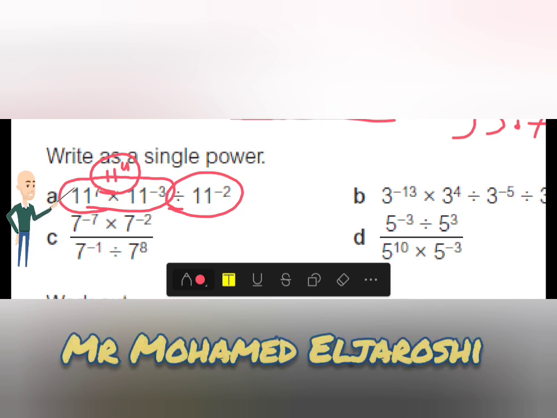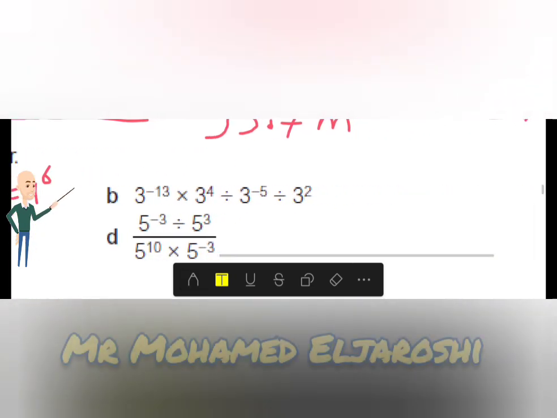Because it's dividing, we subtract the powers. So 4 minus 2, we write it in the calculator. 4 minus negative 2 equals 6, because minus means plus. So it equals 11 power of 6.